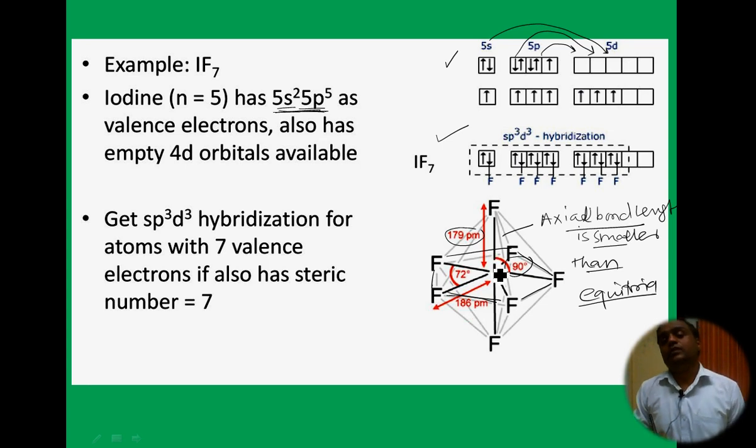So most of the compounds which are pentagonal bipyramidal, their axial bond length will be shorter than their equatorial bond length. In trigonal bipyramidal shape also, the axial will be shorter than the equatorial in other molecules also.